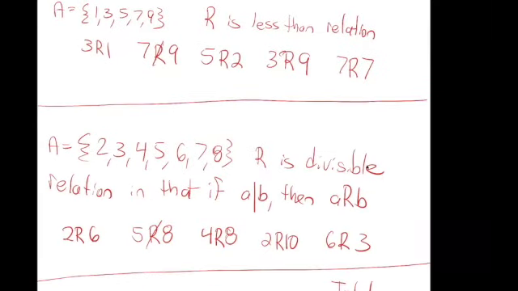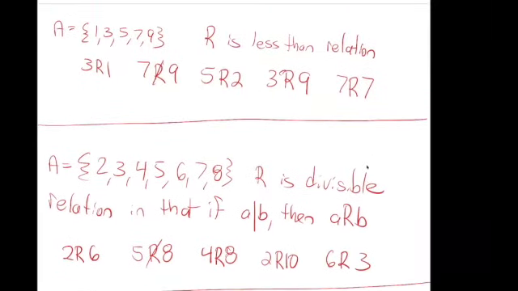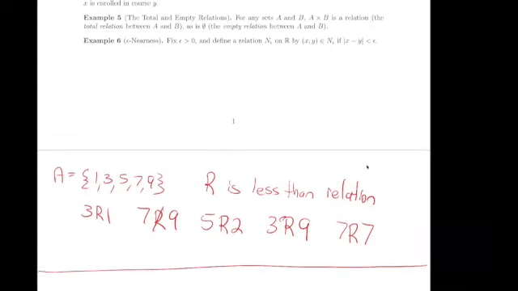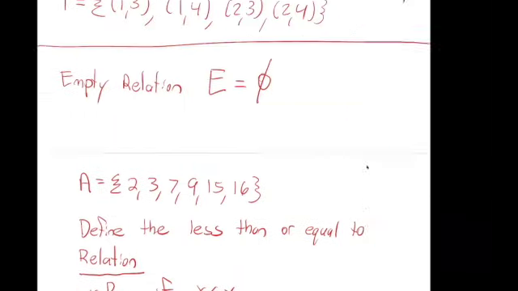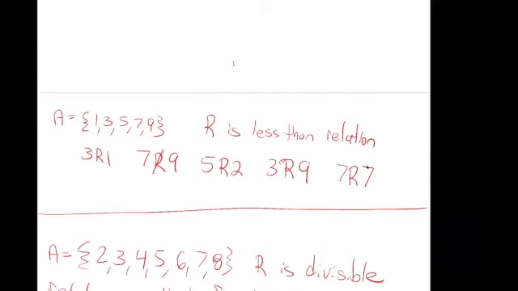We had done the less than relation. This top one was the reading quiz. First question: here's our set, and if we put this relation R, which is defined as the less than relation, and we want to identify which of these are true, then which of these would be true statements?